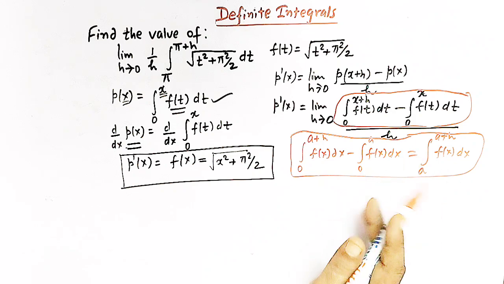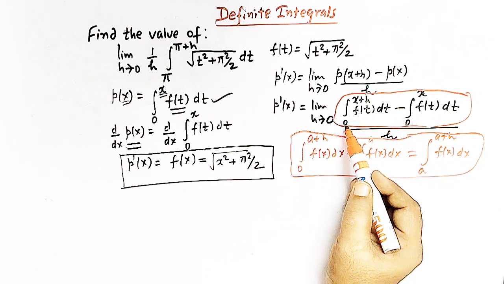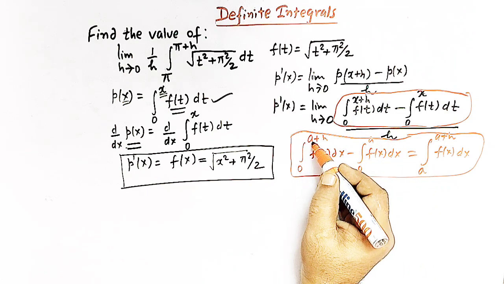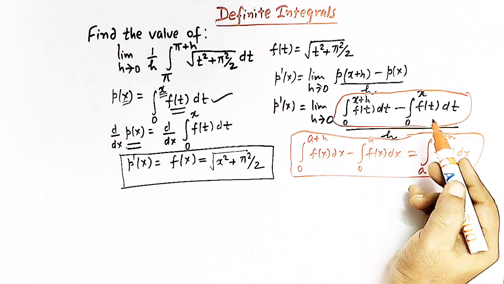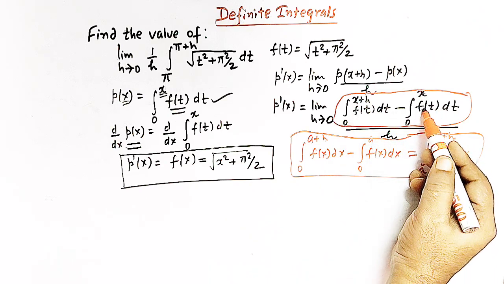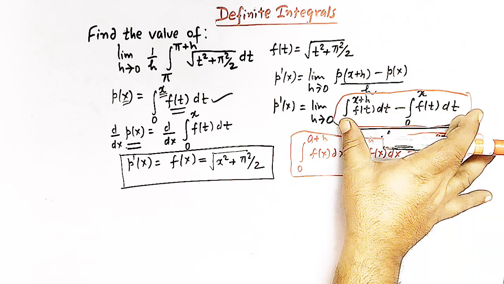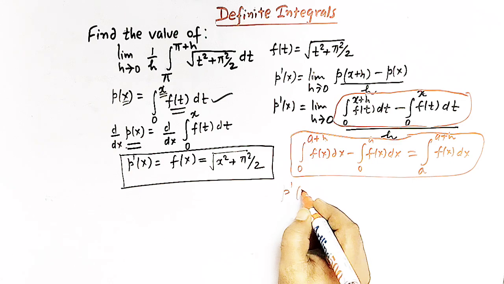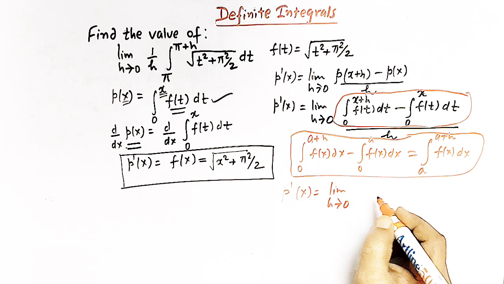So let us compare this side with this expression. Here we have 0 to x plus h, and for a we have x, and here we have 0 to x, that is 0 to a, of f of t dt. Here the variable is t. So now the value of this expression can be written as the limit h tends to 0.